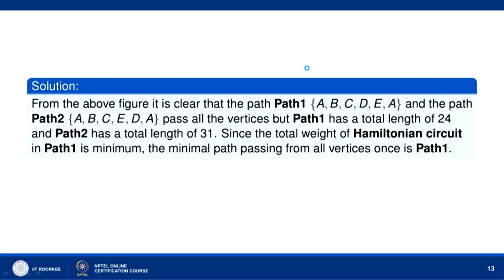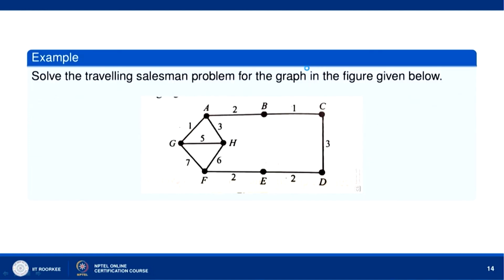Now, let us consider another one. Let us consider this problem here. So, again, let us start with A. Which path do we have to take? Hamiltonian cycle. So, let us see path 1.